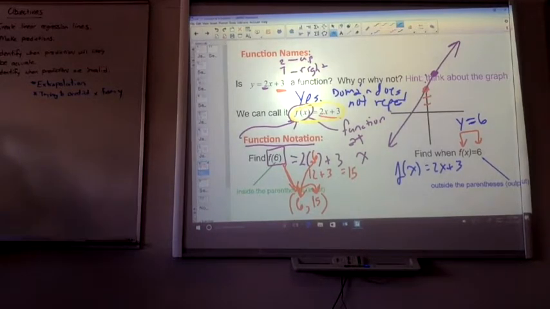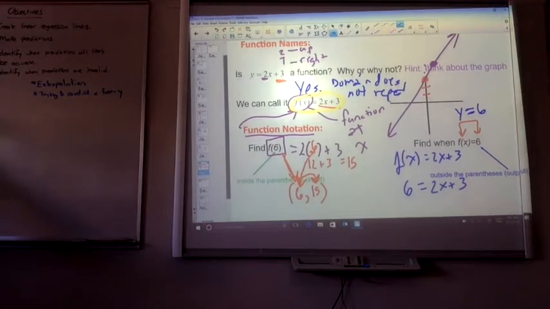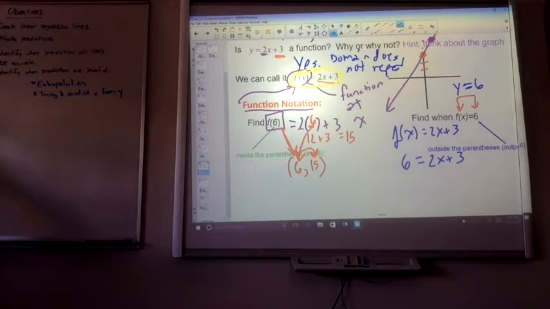What am I plugging in for a function at x up here? Plugging the 6 in. Okay, 6 equals 2x plus 3. Is this a little bit different problem than over there? And I'm sure this isn't the only time we're going to see this. So here I plug in a new x value and solve.